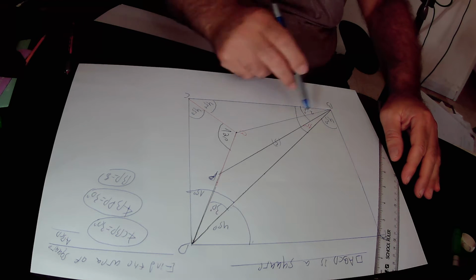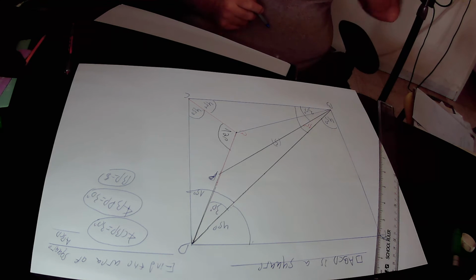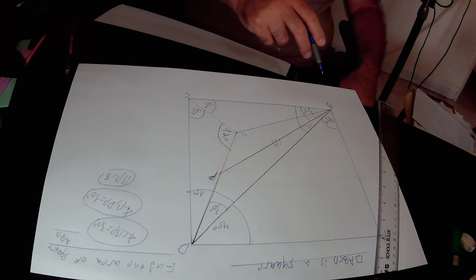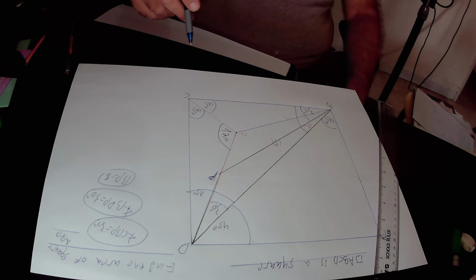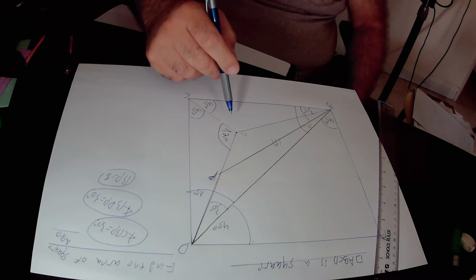This is triangle BQC. In the next step, we prove that triangle BQC is congruent to this triangle DQC.